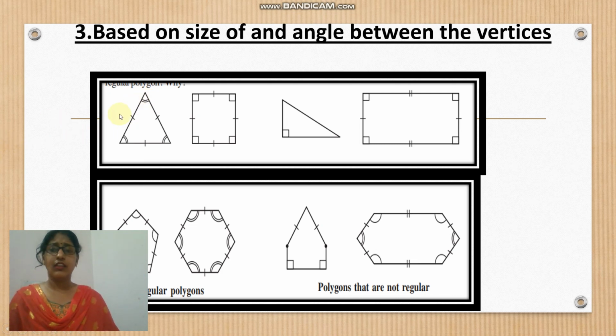So this figure is equilateral and equiangular. But this rectangle is equiangular because all four angles are 90 degrees, but it is not equilateral because only the opposite sides are equal to each other.